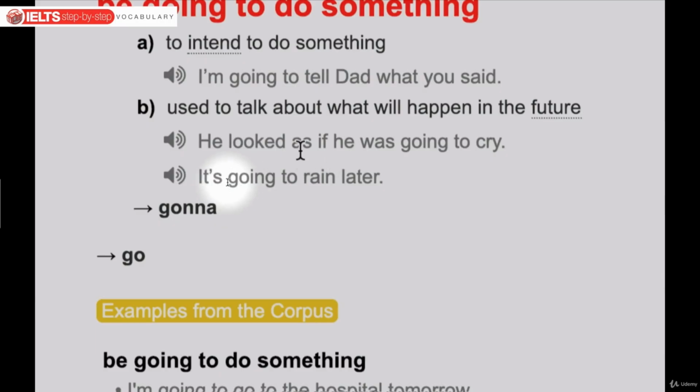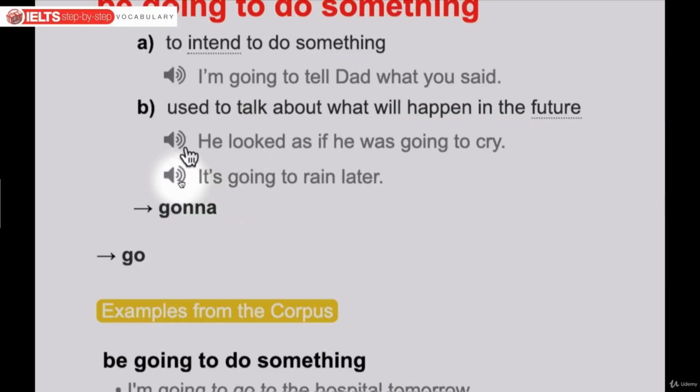But essentially we're focusing on looked and cry in this case. And all of these, especially as, if, was, and to, are what we call grammar words. They have no meaning by themselves. And these grammar words are the ones that get squashed up. So listen again. He looked as if he was going to cry.